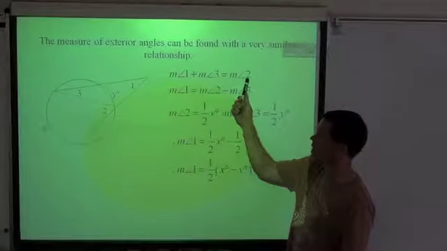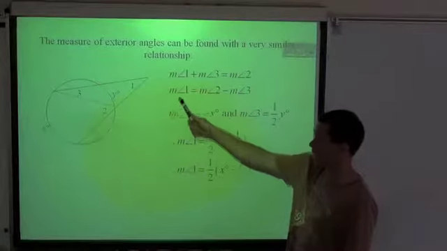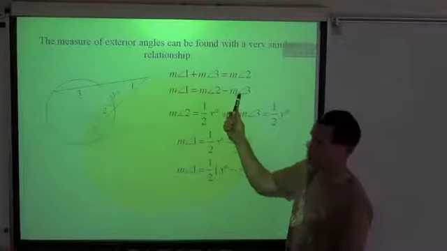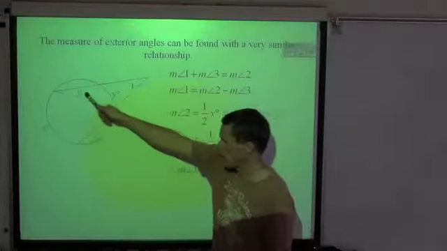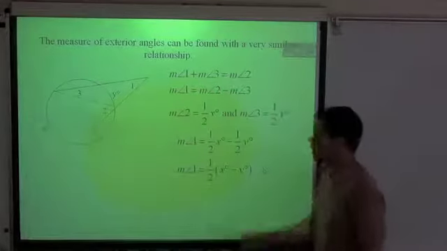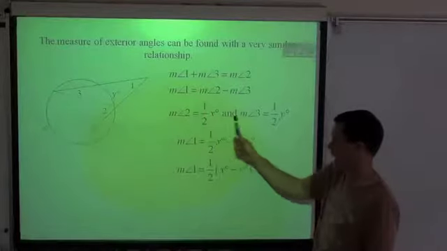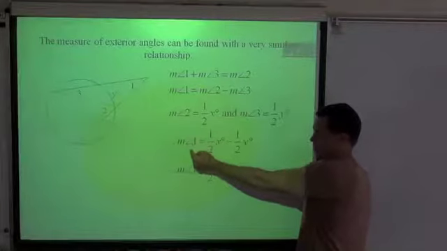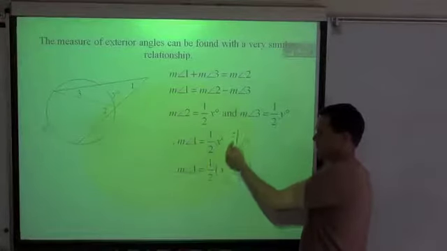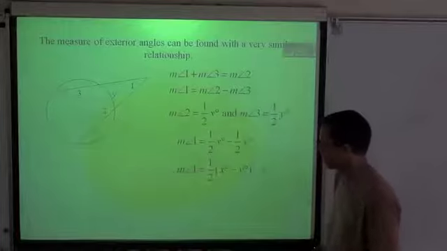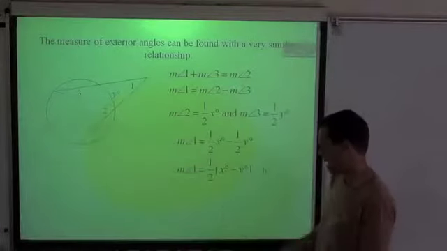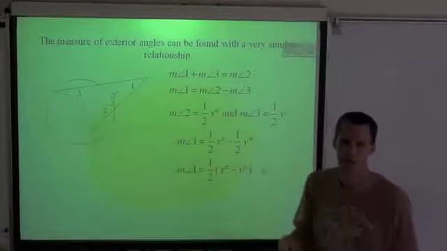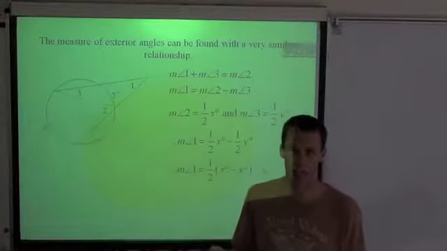So if I subtract the measure of angle 3 from both sides, I can say that the measure of angle 1 is equal to the large angle, angle 2, minus 3. Angle 1 is angle 2 minus angle 3. Now substitution, because angle 2 is half X and angle 3 is half Y. Substitute these in here and I get the measure of angle 1 is 1/2 X minus 1/2 Y. Again, I can factor out the 1/2 and I have the measure of angle 1 is equal to 1/2 X minus Y. This is not an average because it's not addition.